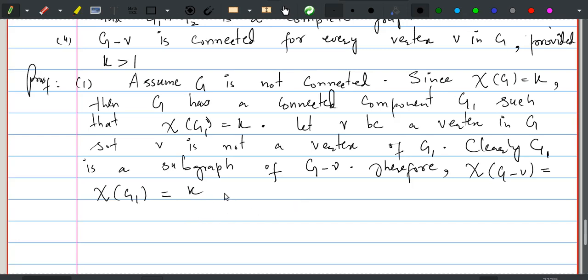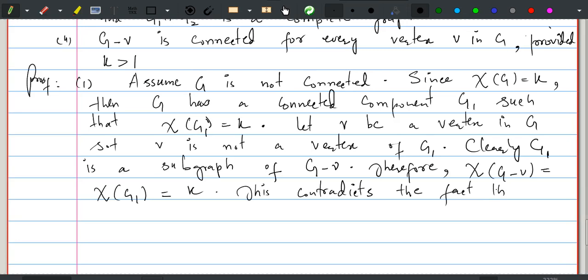This contradicts the fact that G is k-critical. Hence our assumption is wrong, so G must be connected. Hence G is connected.